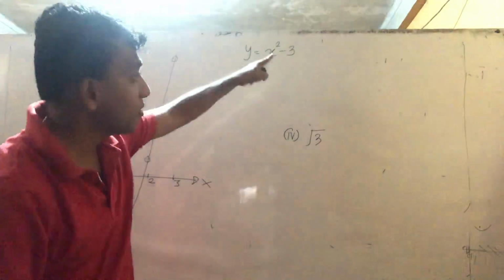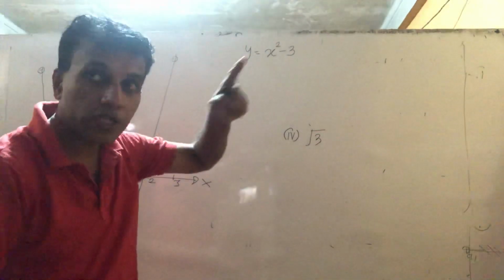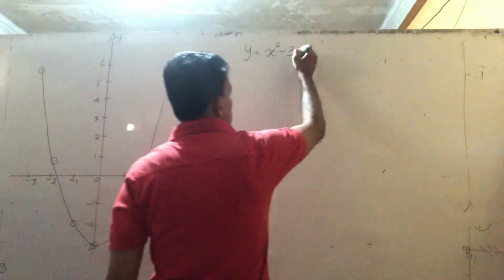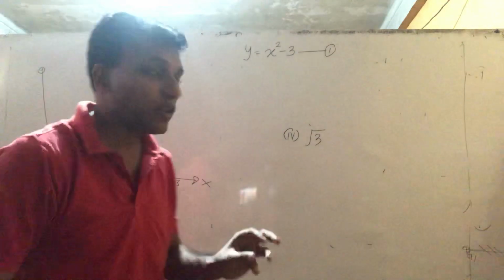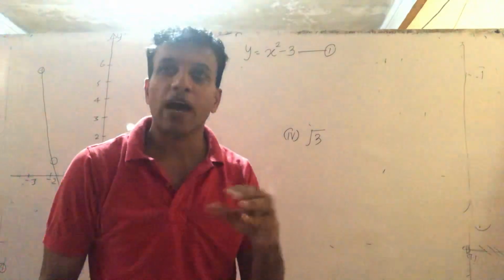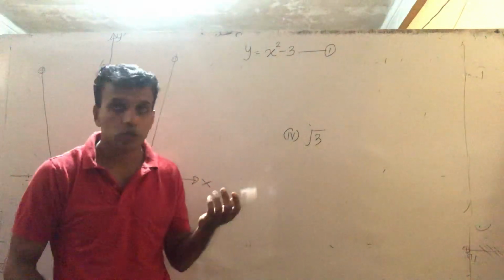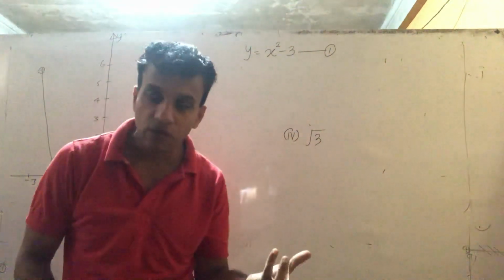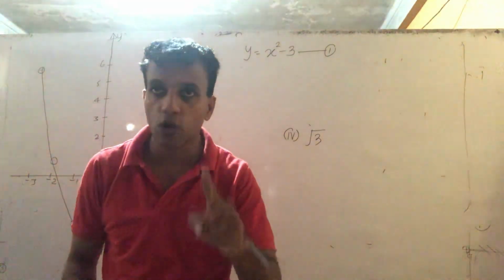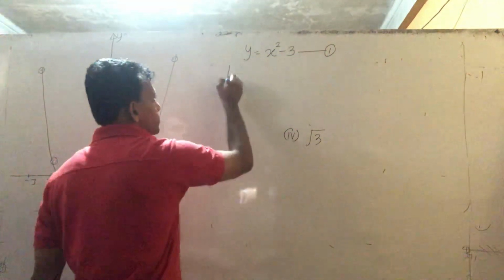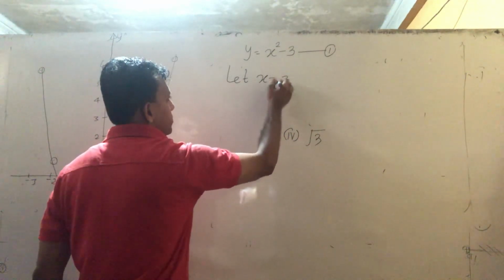So this is the equation of the graph we drew, right? I said this is equation number 1, the main equation. But they will ask root 3 value, or root 5 value, root 2 value or root 7 value. Follow this method. You build up a new equation: let x equal root 3.